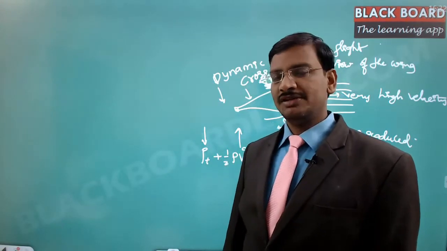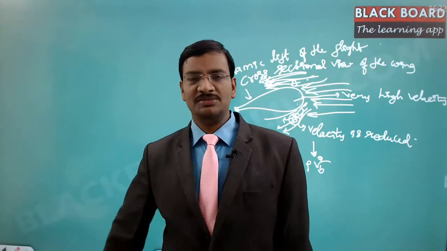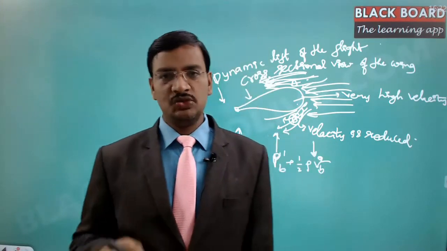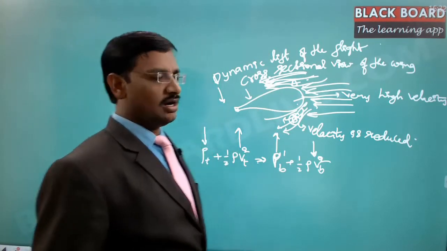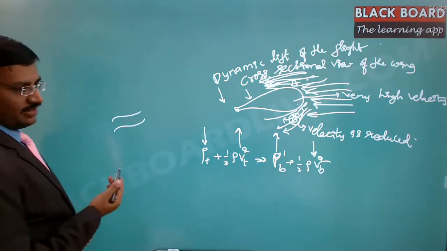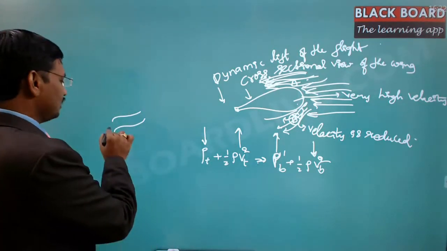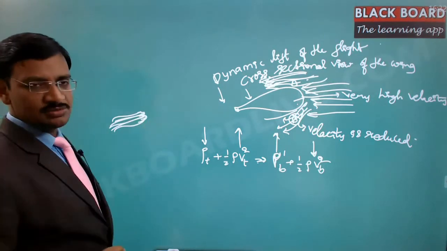But there is a deficiency also. You know that heart attacks happen most of the time, and again the reason behind the heart attack is due to Bernoulli's principle only. Let us say this is the vein or the artery of the heart, and the blood is flowing in this particular direction.